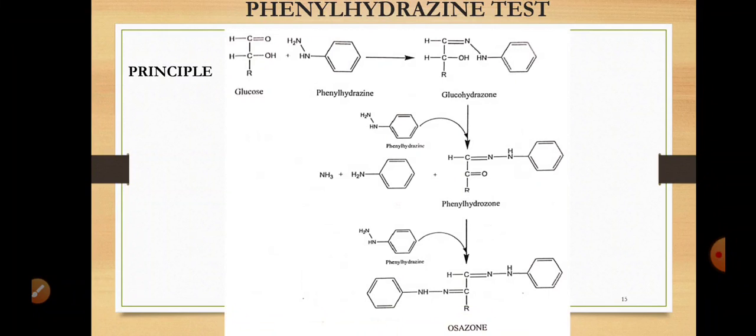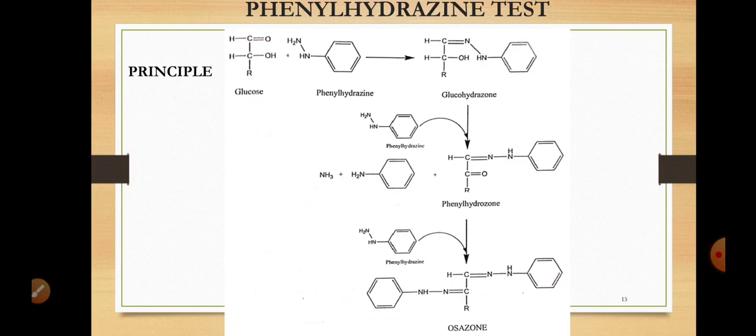Coming to the principle, when reducing carbohydrates are treated with phenylhydrazine hydrochloride, as you could see in the reaction at 100 degrees centigrade, maintaining a pH around 4.3, a series of reactions will take place, resulting in the formation of Osazone of the respective carbohydrates.